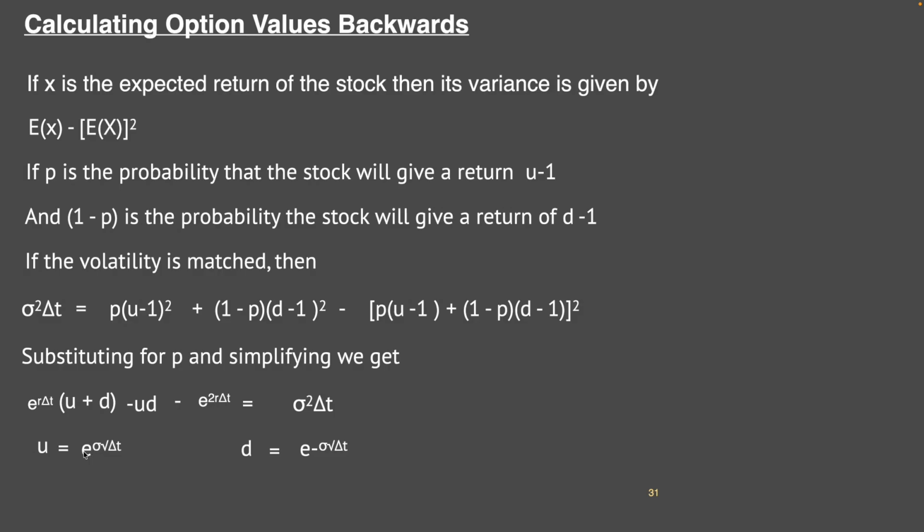E is continuously compounded, right? Sigma, volatility, into square root of delta t, which is nothing but the small time steps of the move of the binomial tree. So here what they have done, they have ignored the higher powers of delta t square.